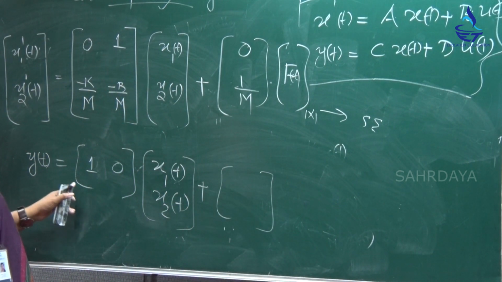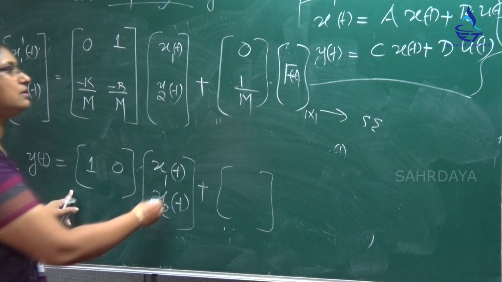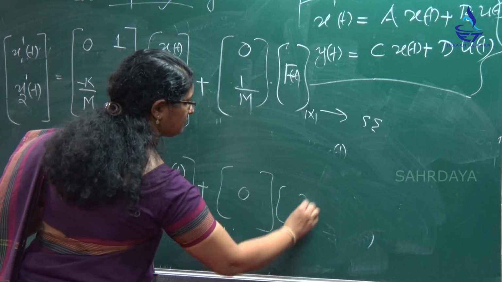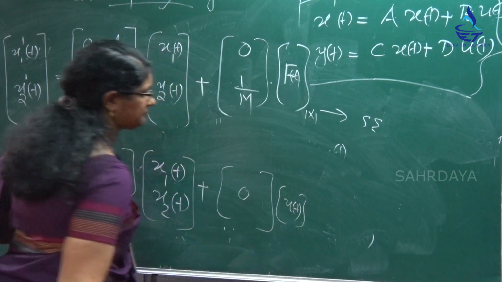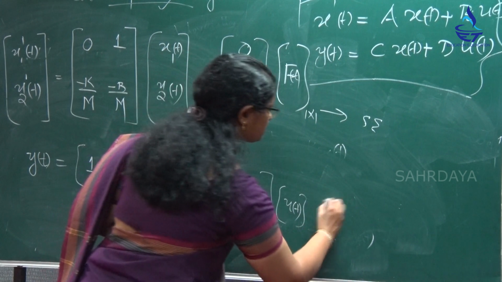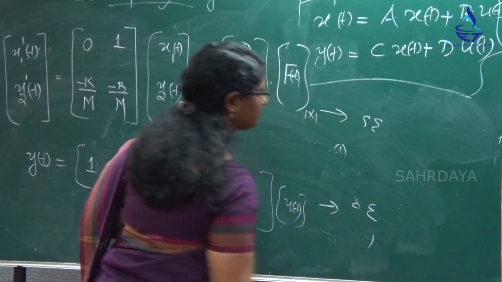We don't have any, we are just talking about the position alone. The input is not a relevant thing, so it is 0. So this completes our state space model of the system. This is our output equation.